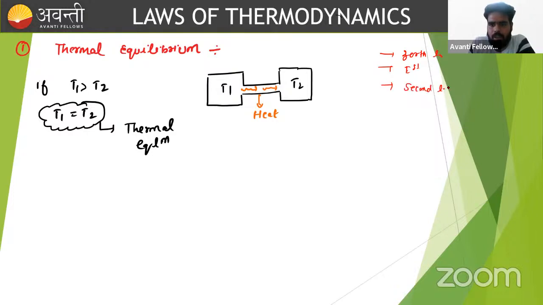The zeroth law talks about thermal equilibrium and gives the concept of the temperature scale. If somebody asks you the outcome of the zeroth law, one answer you can give is the temperature scale, because of the zeroth law we are able to measure temperature.